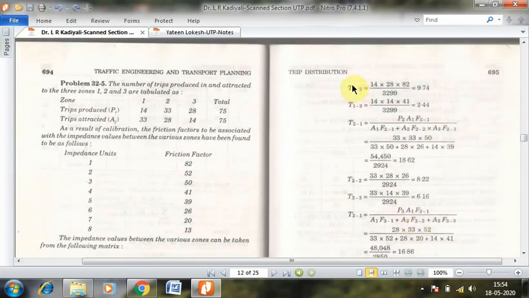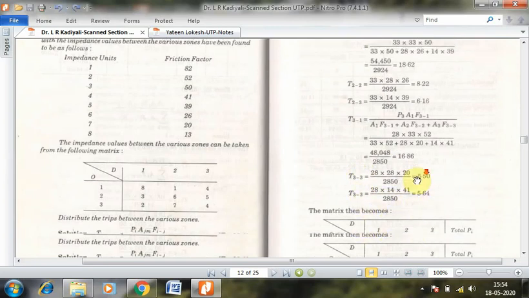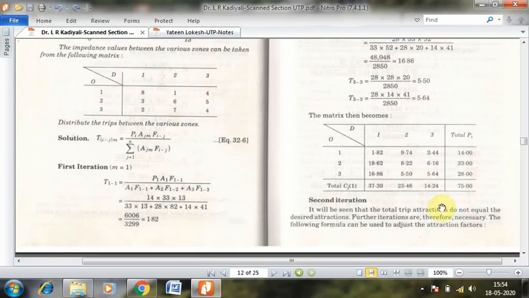or you need to calculate capital T12, capital T13, capital T21, 22, 23, then similarly 31, 32 and 33. This is 32, and then lastly 33. So when you get all these T values, you will be developing again a matrix somewhat like this in your solution, an OD matrix where you have origins and then destinations.